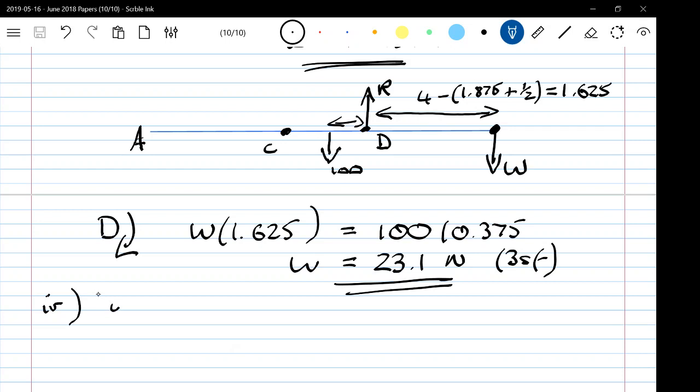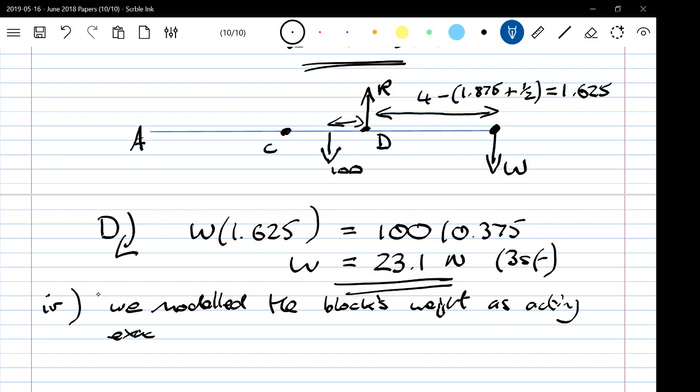So we modelled the block's weight as acting at the very end, exactly at B. So we've ignored its dimensions.